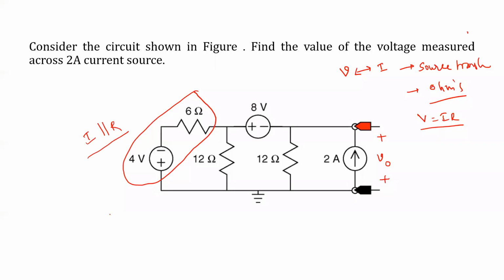Between these two nodes. It is our first approach. Other than these two branches, none of the resistors or the voltage sources can be converted into another form. But these two can be converted into a current source in parallel with the resistor.